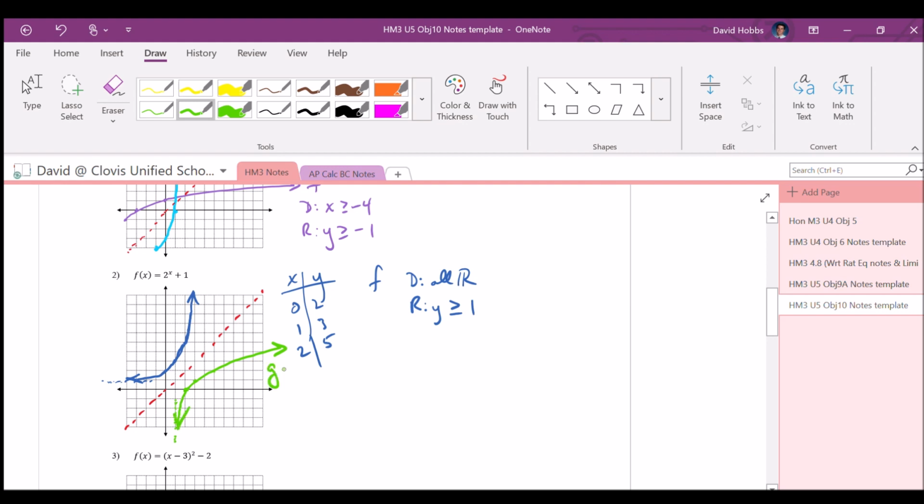We'll just go ahead and label it G. And G has domain, well, it looks like x is greater than 1. And the range, well, it goes from low to high and it's covering all of those, so that sure looks like all reals. And if I do the vertical line test, then yes, G is a function.